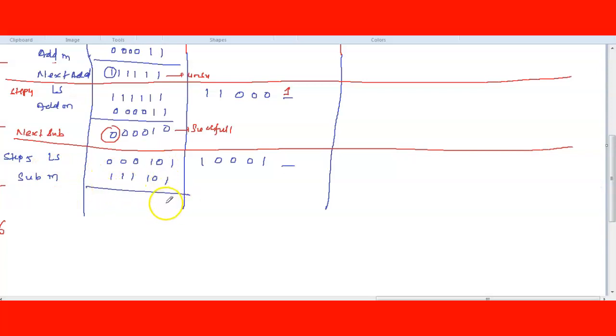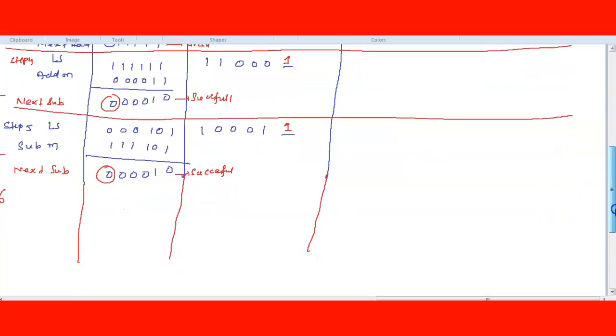Add it. 1 plus 1 is 0 carry 1. 1 plus 1 is 0 carry 1. 1 plus 1 is 0 carry 1. 1 plus 1 is 0 carry 1, which is of no use. Okay, so again here we got 0, which means this step is successful. So the quotient bit will be 1. Again the next step will be normal subtraction. Whenever a step is successful, you have to do the normal subtraction step.